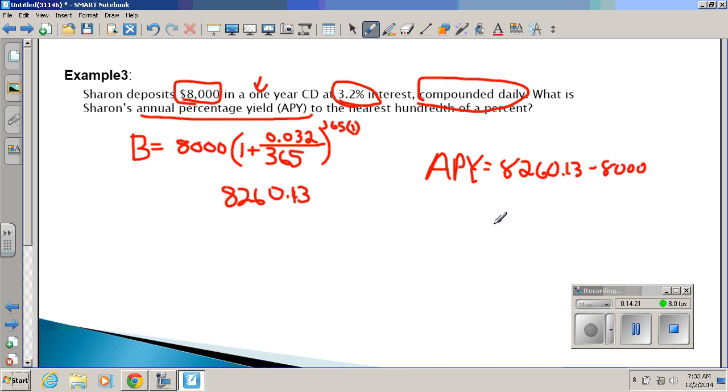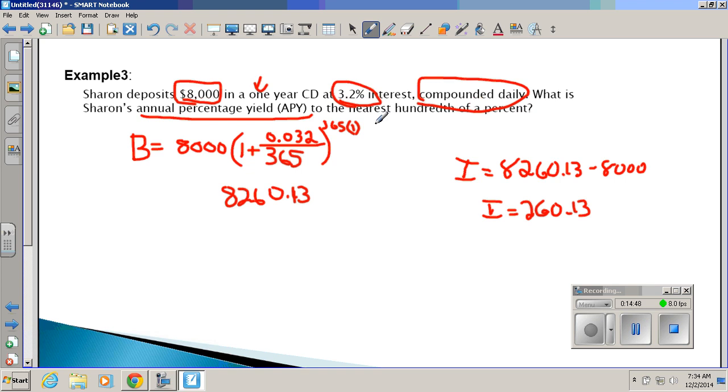Okay, so her APY, annual percentage yield, her interest, let's do it this way to make it easier for you guys. Her interest is going to be how much she has minus how much she started with. So her interest is $260.13. She made $260.13 on top of what she put in there.